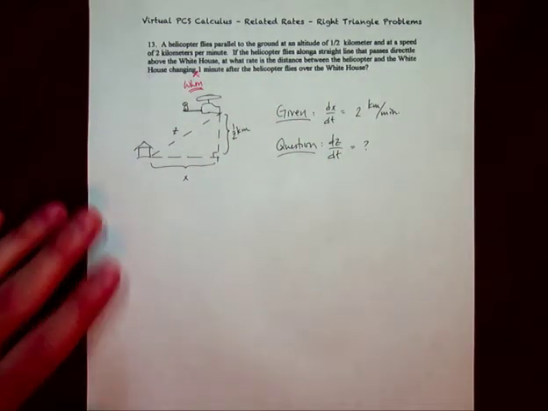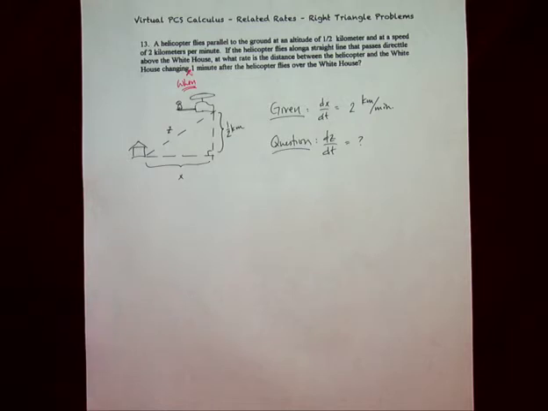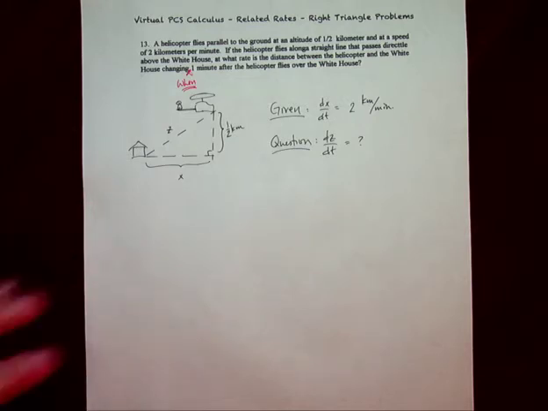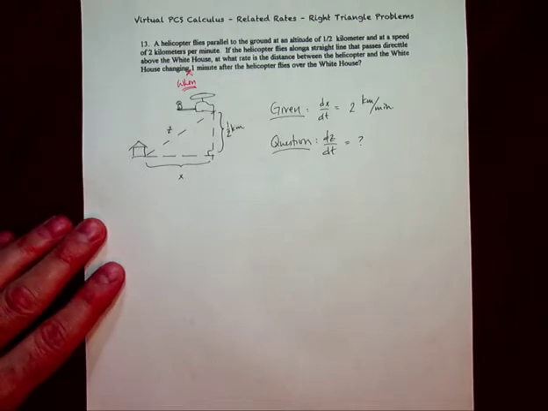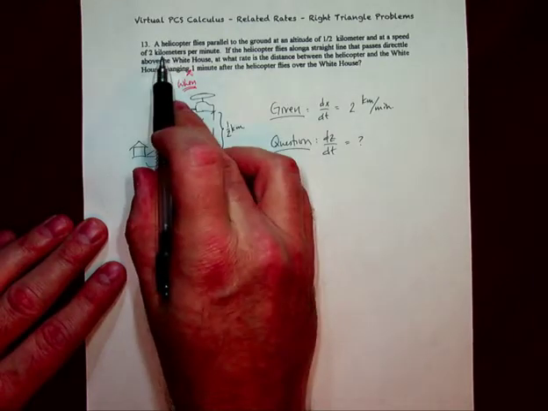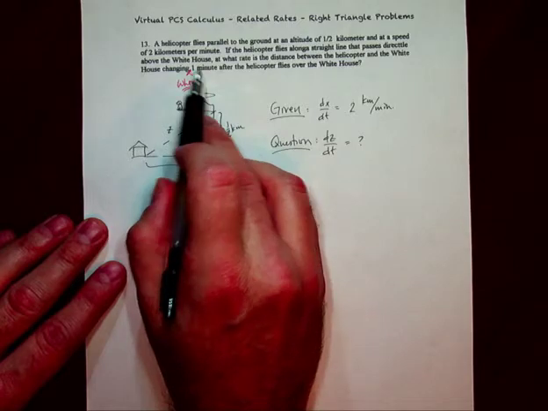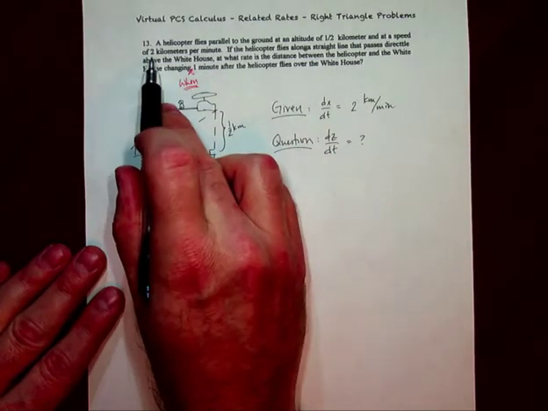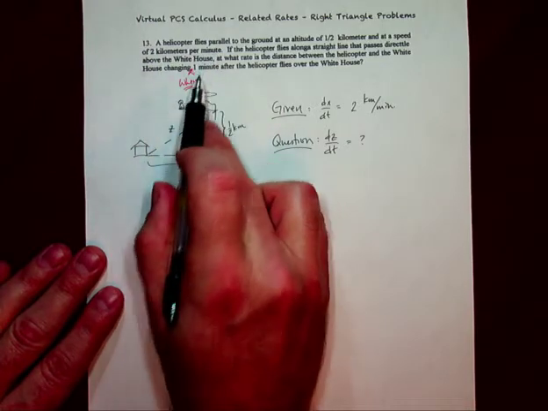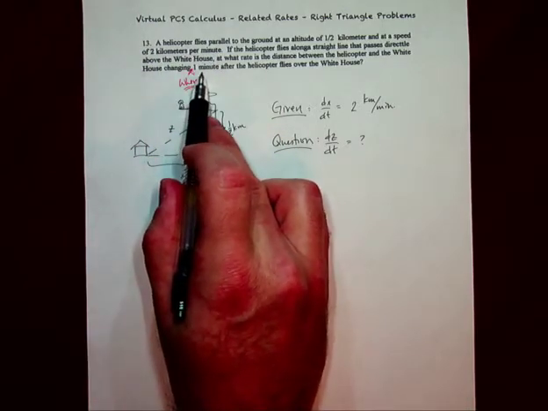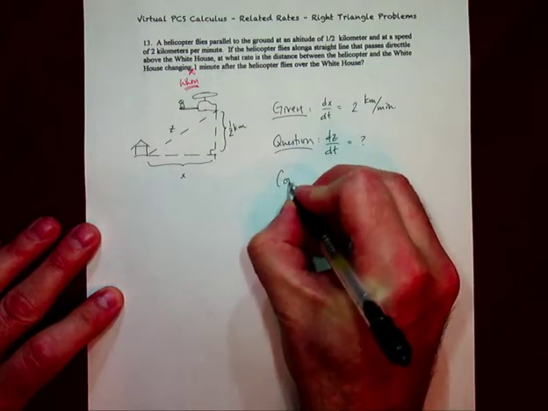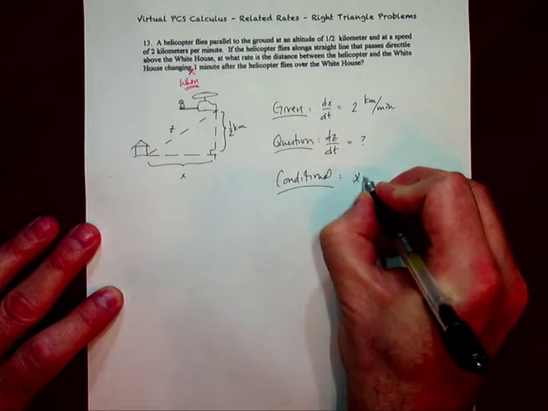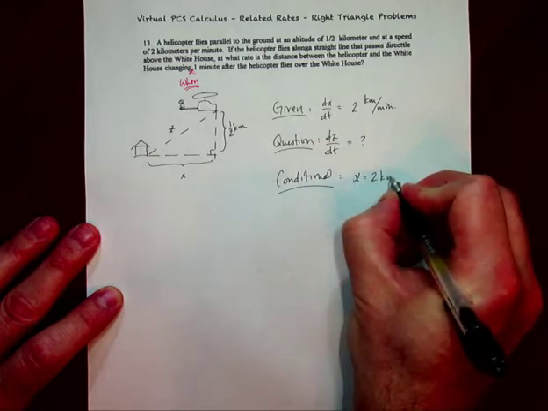Well, that's giving me a designation of time. That doesn't give me a distance. Well, distance equals rate times time. So at that moment, 1 minute after the helicopter passes, if it travels 2 kilometers per minute, then the conditional information is x equals 2 kilometers.